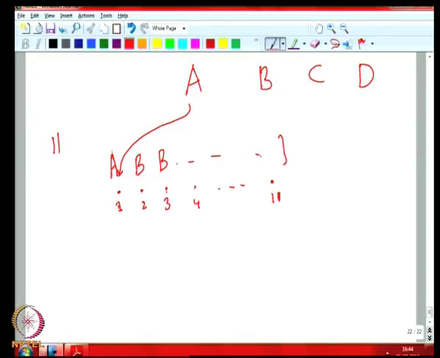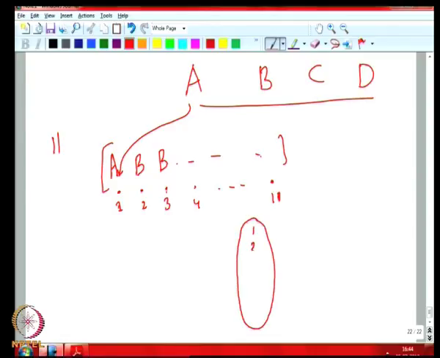The question is, how many 11 letter words can be produced using these letters A, B, C, D, such that every letter appears at least once. In other words, in function terminology, it will look like this.